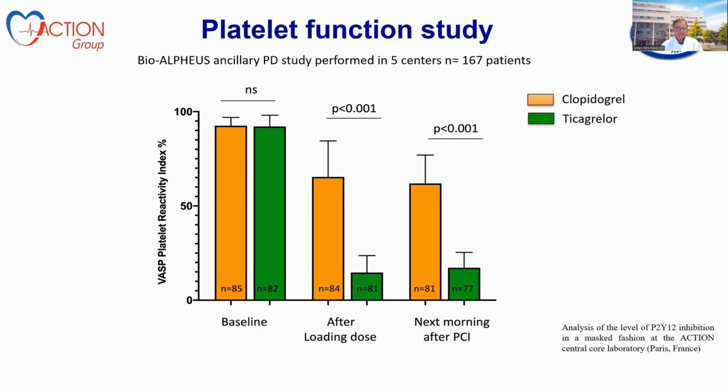We had a small platelet function study showing that indeed Ticagrelor was more rapidly active and more potent than clopidogrel, as shown here in terms of the VAS platelet reactivity. This is something that we know, and this was confirmed in this study when we compared Ticagrelor to clopidogrel in a randomized fashion.